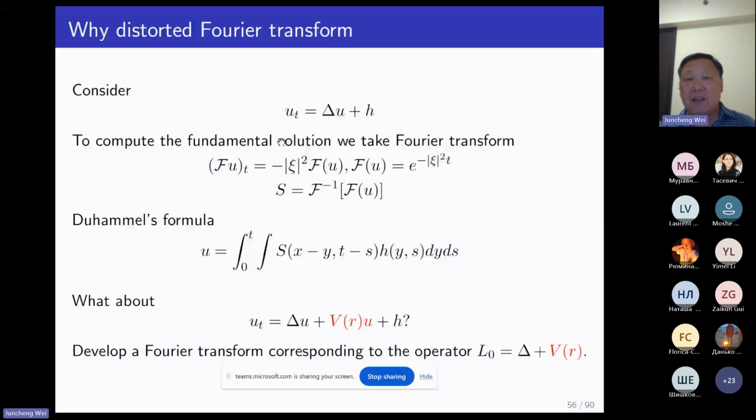We take the transform, and this gives a minus cosine square times u hat, and this is the so-called distorted Fourier transform. The classical Fourier transform corresponds to the Laplace operator, and the distorted Fourier transform corresponds to Laplace plus the Schrödinger potential.